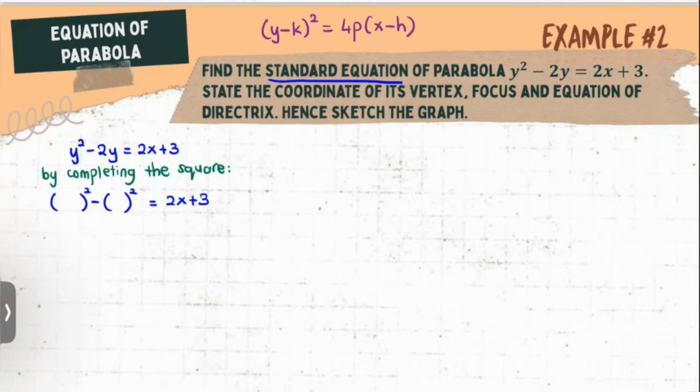So the formula will be y, ini sign kita negatif kan? So minus, ambil value ini 2 akan divided by 2. Okay, syarat dia adalah b divided by 2. So inilah b divided by 2. And what will be the next value yang kita akan letak dekat dalam second bracket? Salin sahaja negative 2/2.